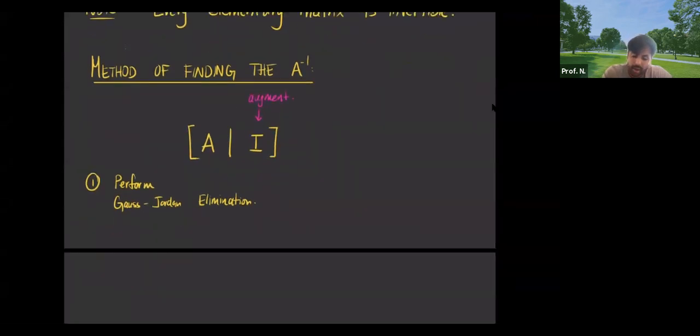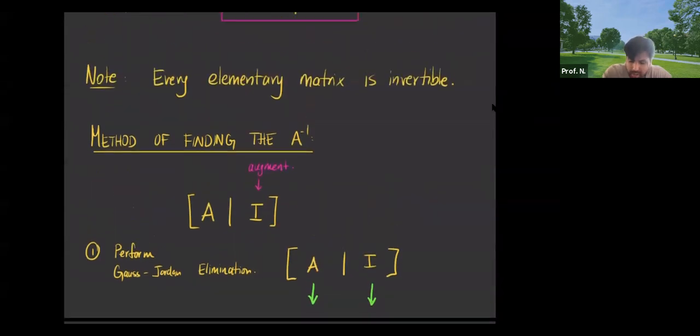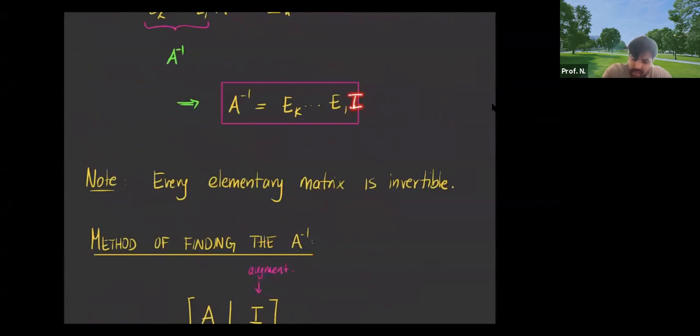So the idea is that the A, when you row reduce it, becomes the identity. And when you perform these row operations, you're also performing them on I. In a sense, there's a little I here, because when you multiply by the identity you get back itself.